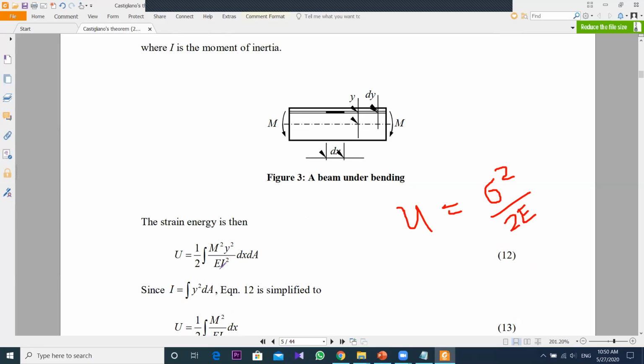Then dA dx, this dA means dy dz. Okay, this is the cross section. If you get a particular bar, if it is the x direction, this is dx, and dy dz is this cross section. Okay, that's why dA.